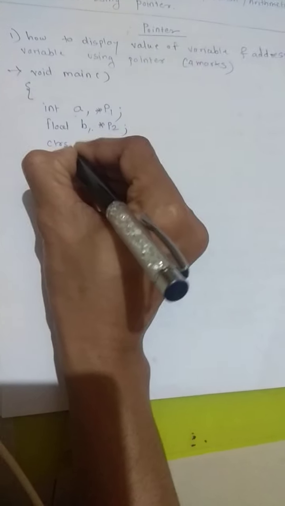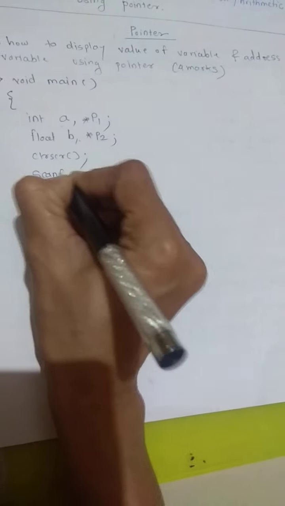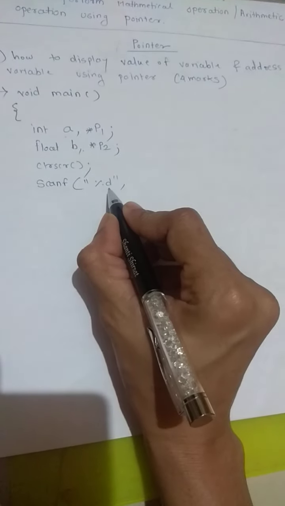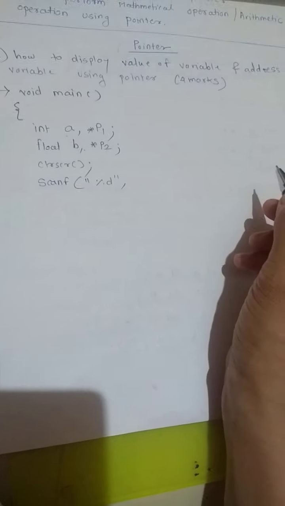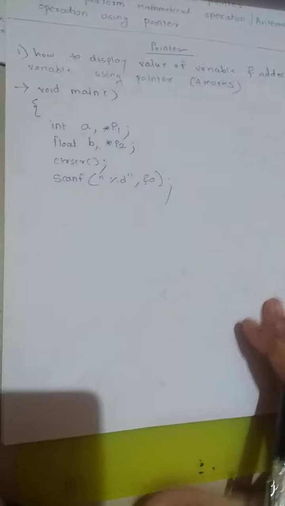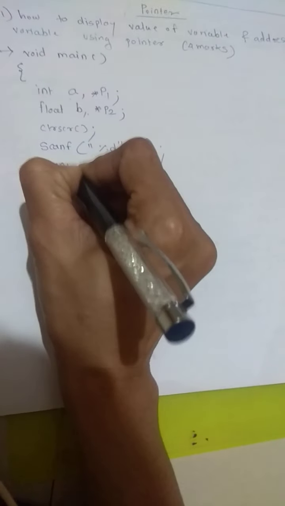First we take the input for a and b variable. To take the input from the user, we use scanf function, %d. This is the format specifier for integer data type. a is an integer variable. Scanf.